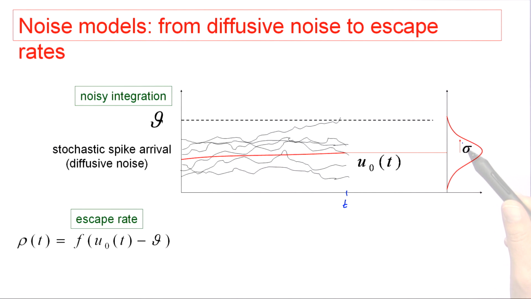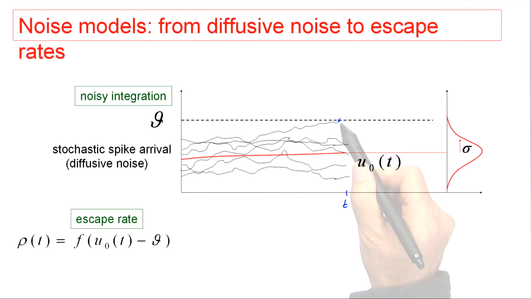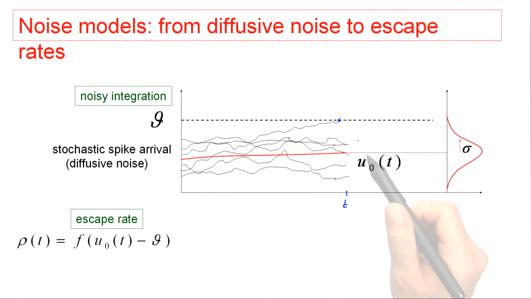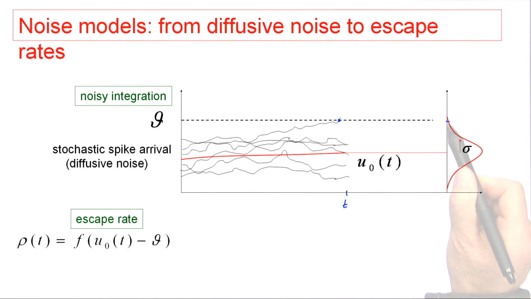We know that in reality it cannot be a Gaussian distribution because the density of the distribution at threshold must be 0. However, it's tempting to say, well, it's nearly a Gaussian distribution, and the probability that a trajectory would be at the threshold should be something like the density of the distribution at threshold.